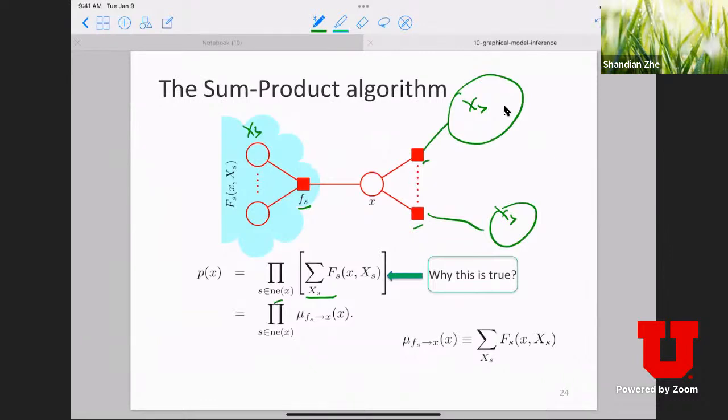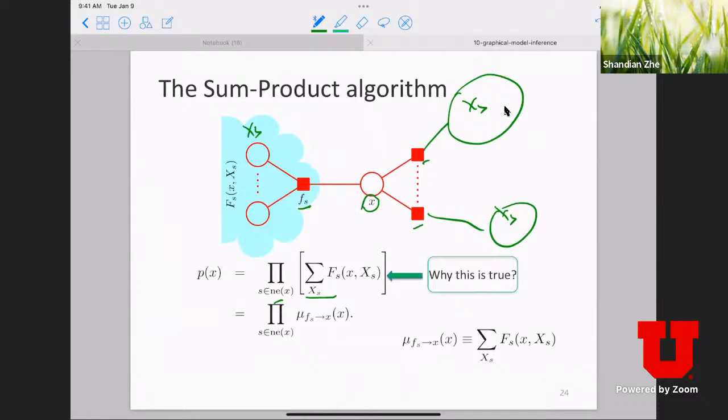Does it make sense? If you feel a little uncomfortable, let me emphasize this again. The key property is that this is a tree. You can pick any node of interest, here x, as a root node.